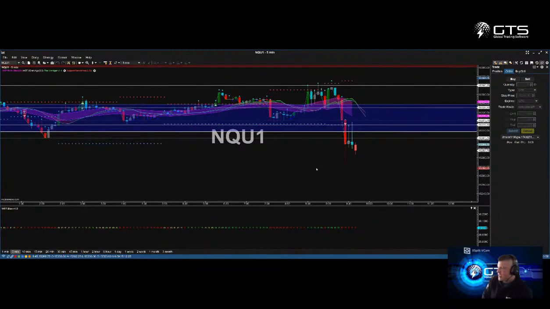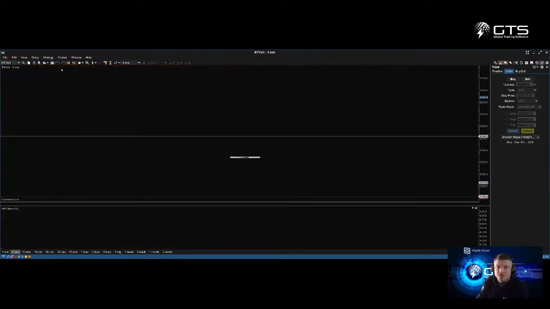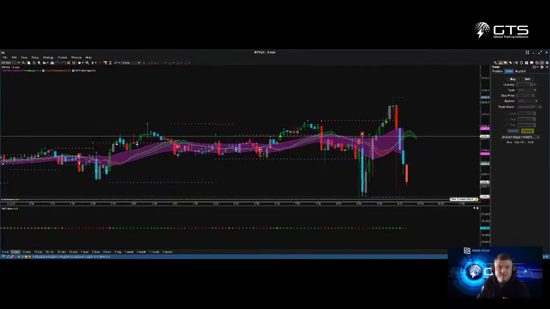I'll tell you what, I'm going to stay on for another 20 minutes or so until the lunchtime slug session starts. We're getting some signals coming through right now. Here, we got one on RTY. 3 minute 6-star sell at 34.7.